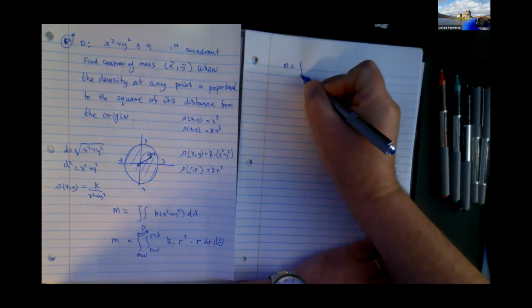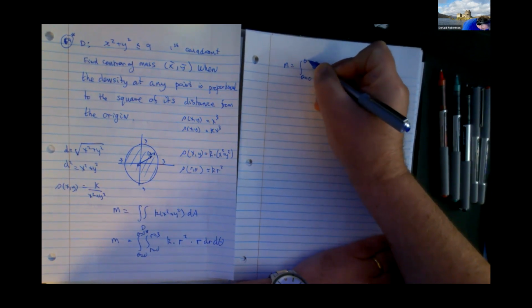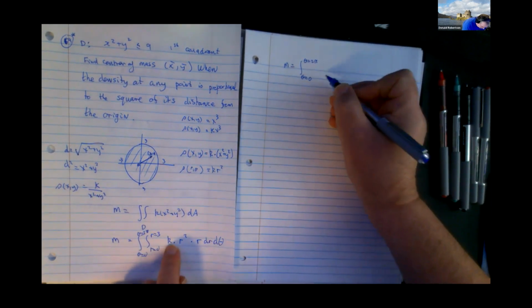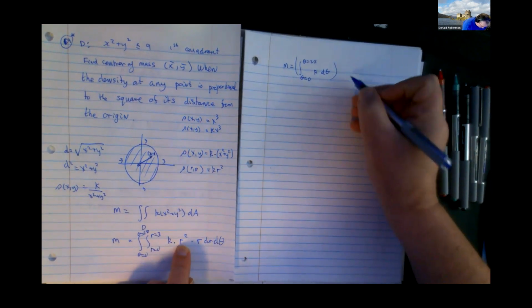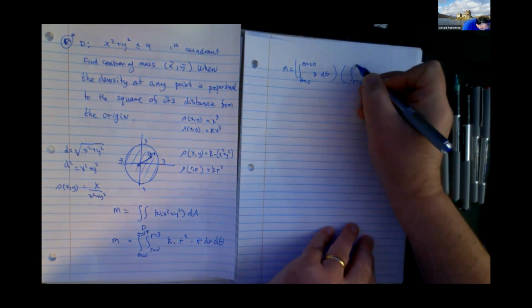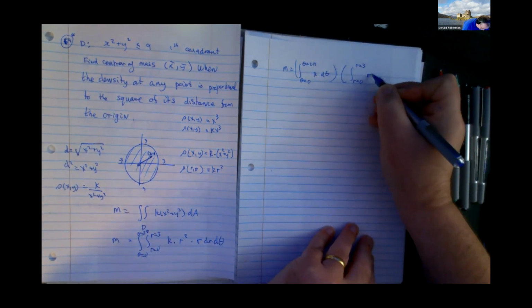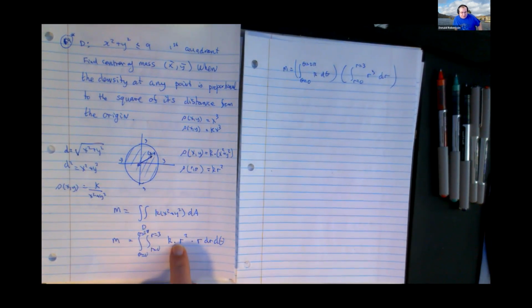So it's going to be the integral from theta equals 0 to theta equals 2 pi of d theta, and that means it's going to be the integral from r equals 0 to r equals 3 of r cubed. Are we comfortable that you can split this, because everything's numbers?